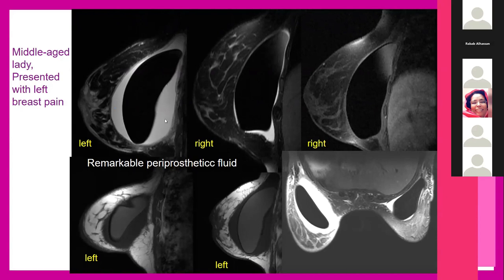This is subcapsular fluid, a large seroma. It is normal to see small fluid around a silicone implant, but this remarkable amount of fluid or seroma is pathological, not normal.